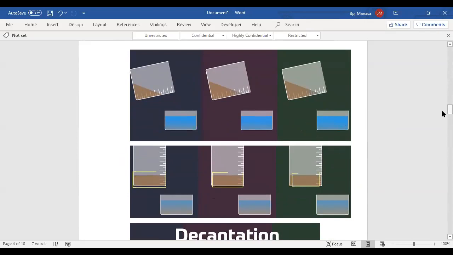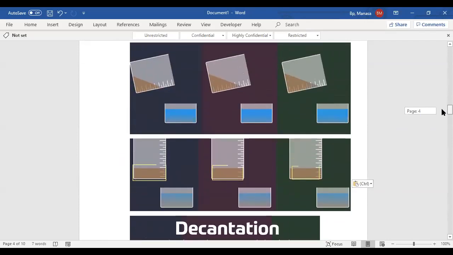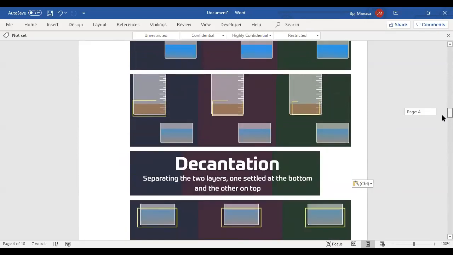So now the soil and water are separated. This is called decantation, separating the two layers, one settled at the bottom and the other on the top.